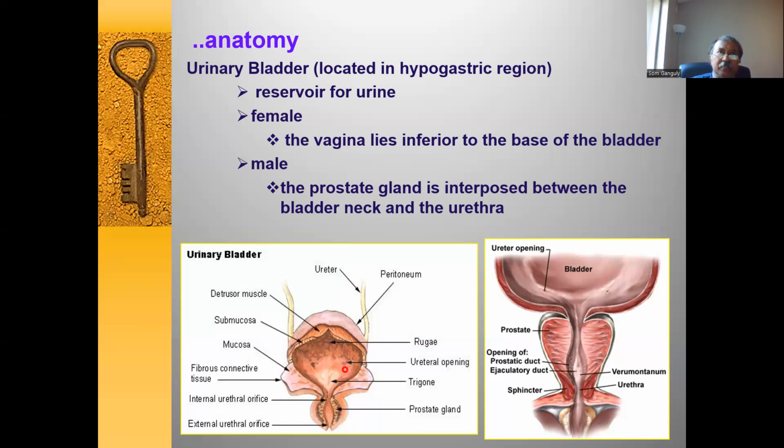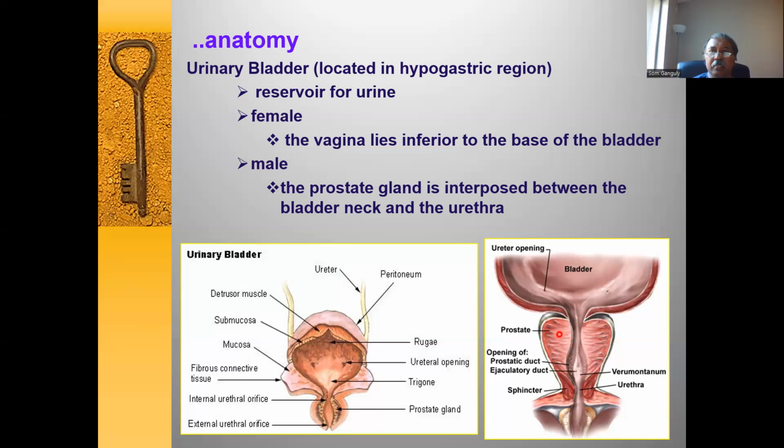It has a large gland, the prostate gland, situated at the neck, right around this area. Here's the bladder. Here's the bladder's orifice through which the urethra starts. And at the base of the bladder, there is this gland called the prostate gland.